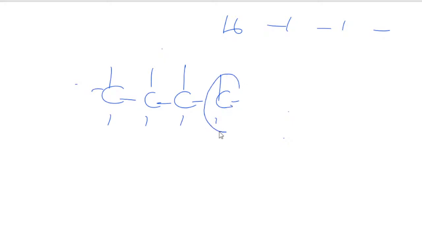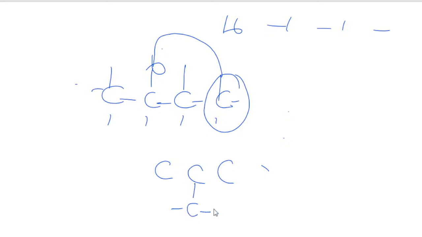I'm going to bring this and put it there. So it's going to become 1, 2, 3, because I can put it down or up. It's the same thing. Make sure that everything has four bonds, with hydrogens. Don't leave them hanging. All of them must be hydrogen. Cool. So now it has become an isomer of this.